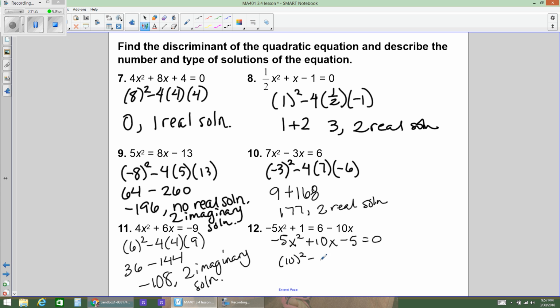So b squared minus 4ac is what I'm going for. It's going to be 100 minus 4 times 5 times 5, which is 100, so I get 0, which means there's 1 real solution.